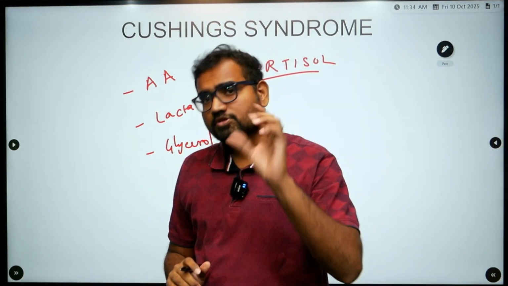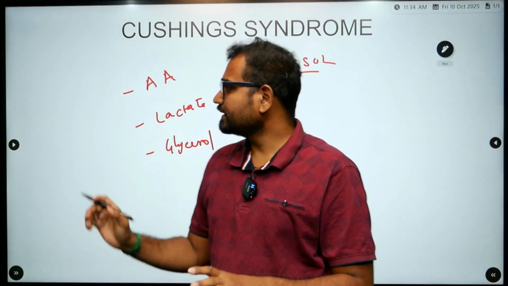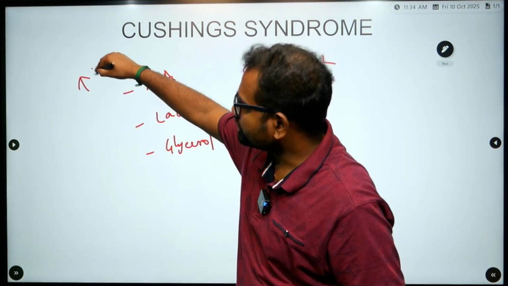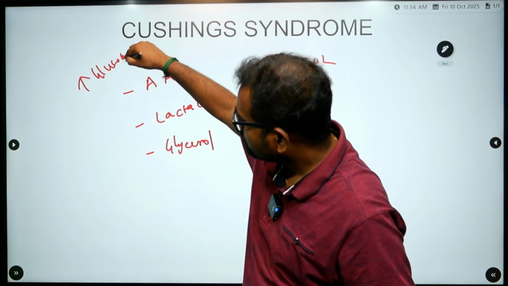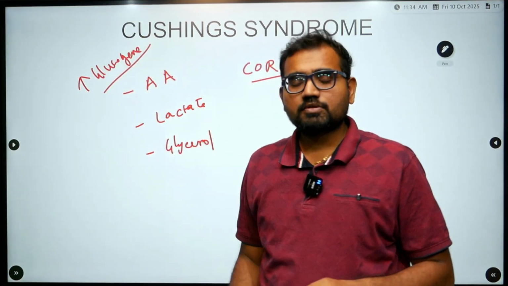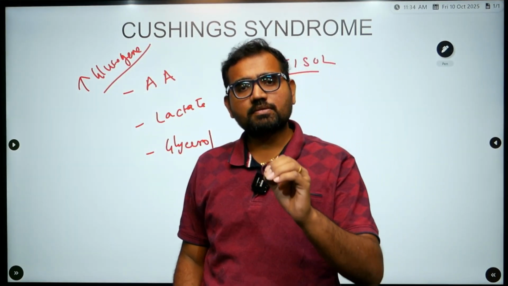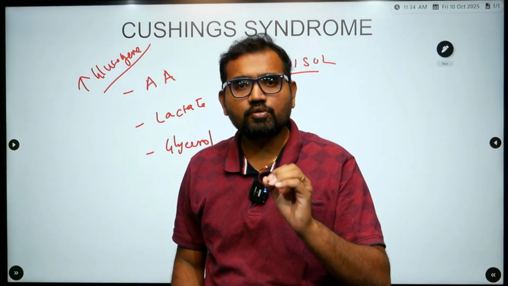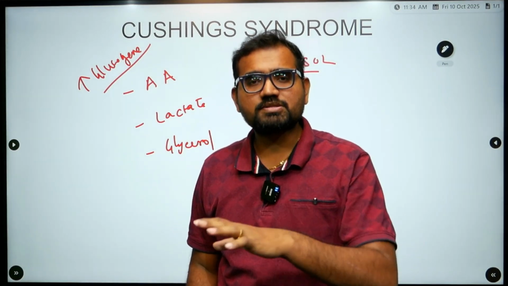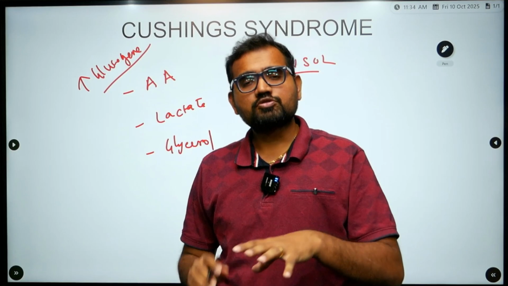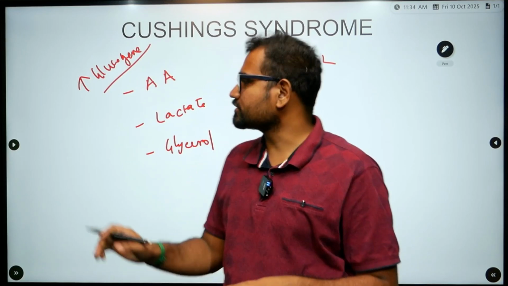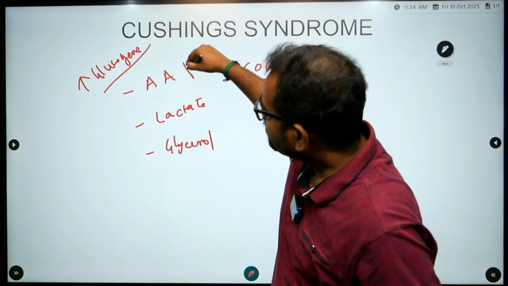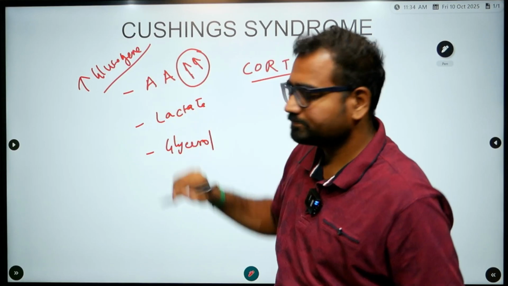So what cortisol does is, basically, it enhances gluconeogenesis. How? Whenever there is protein catabolism in the muscles, it is done by cortisol. Whenever there is protein catabolism, amino acids are released in the blood.